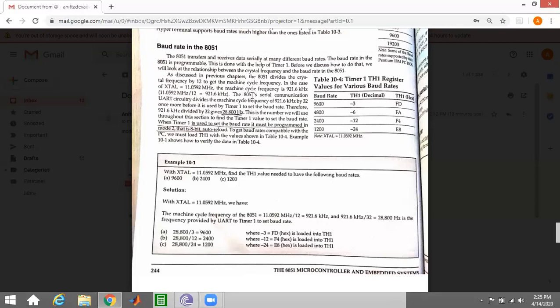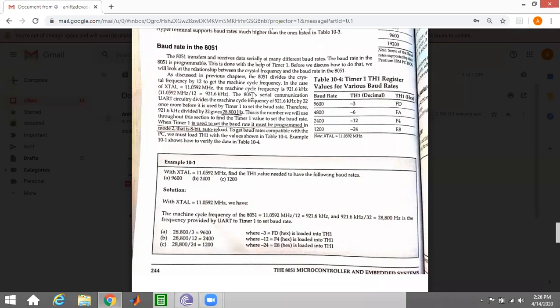Till yesterday's portion, module 1, module 2, module 3, we were studying the timer, counter, everything. It is only about parallel communication, just moving from A to B. That type of communication is called parallel communication.